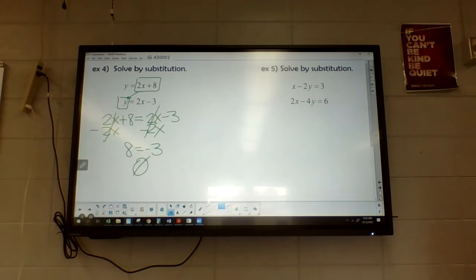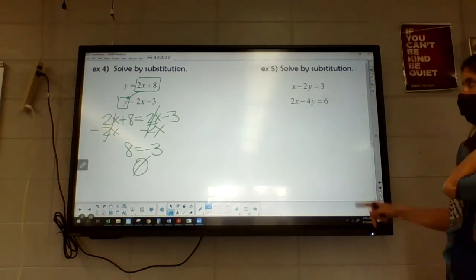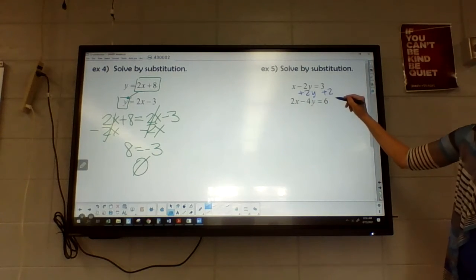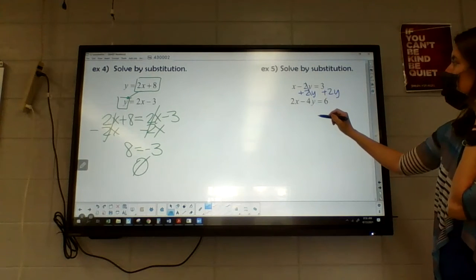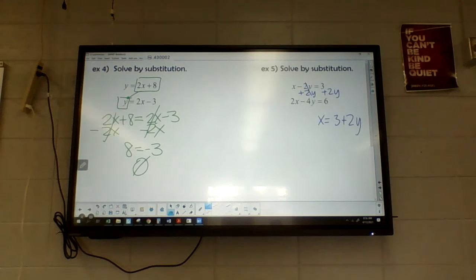And then this last one we're going to solve by substitution. Similar to the problem we just did above, I'm going to get one of the variables alone. Which variable looks easiest to get alone? X in that top equation again. So I'm going to move this 2y over, almost the same equation as the last one. So x equals 2y plus 3, it doesn't really matter. So x is alone. So now I'm going to take this and substitute it in place of x.